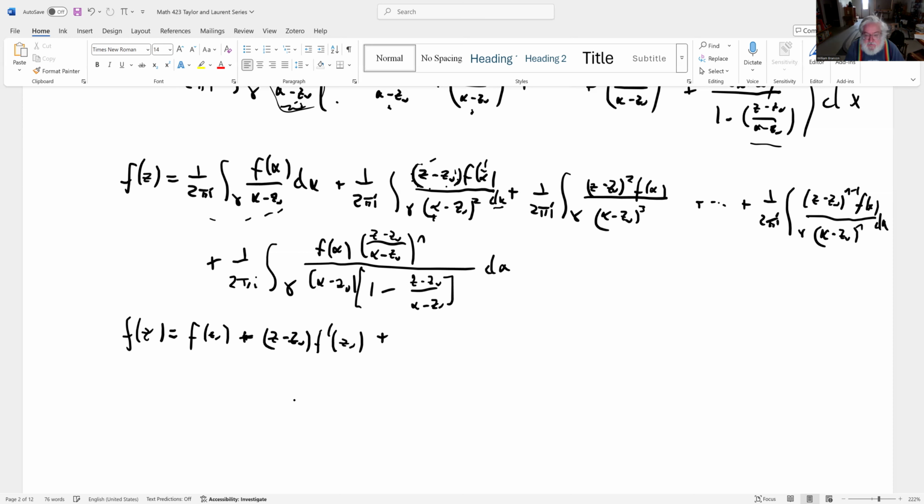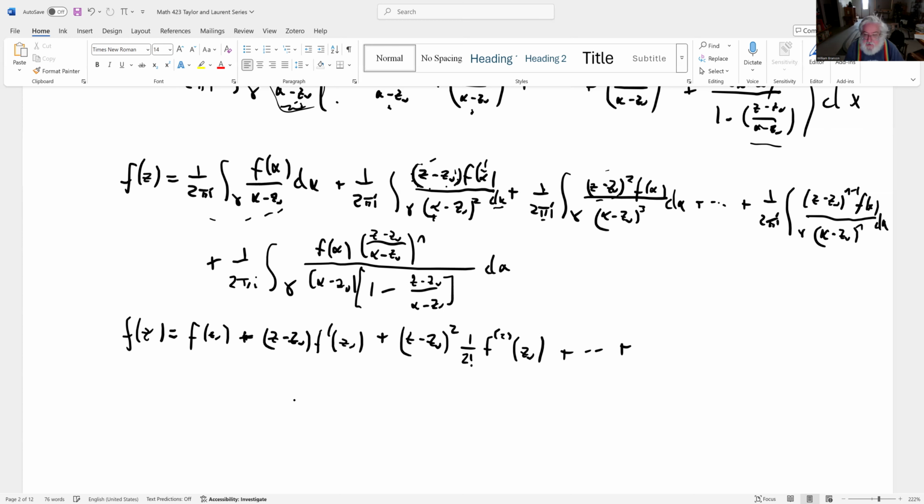Likewise, this one, the z minus z0 squared comes out of the integral. And what we're left with is 1 over 2 pi i f of alpha over alpha minus z0 cubed d alpha. And we can recognize that as almost being Cauchy's integral formula for derivatives, but it's actually 1 over 2 factorial times the second derivative at z naught.